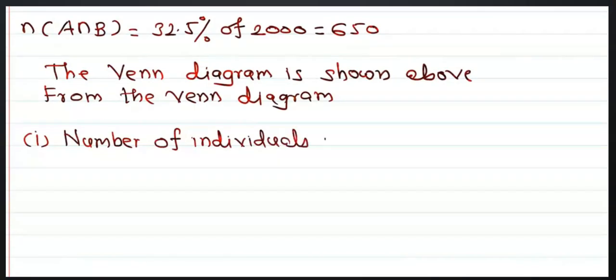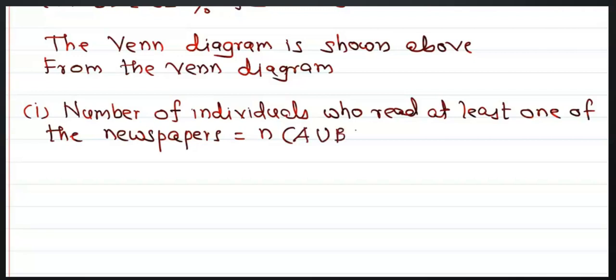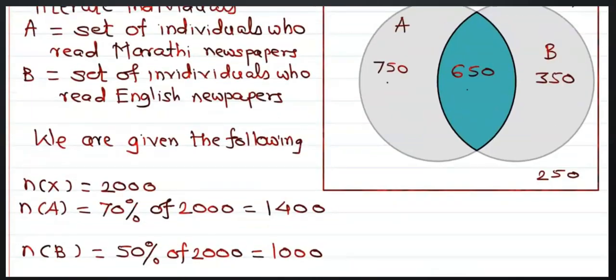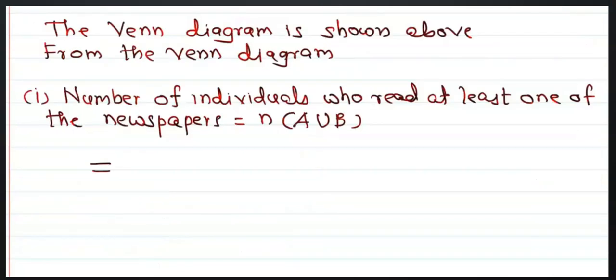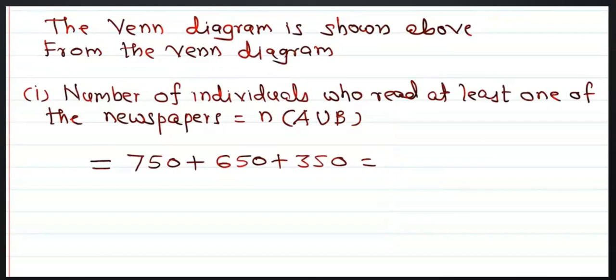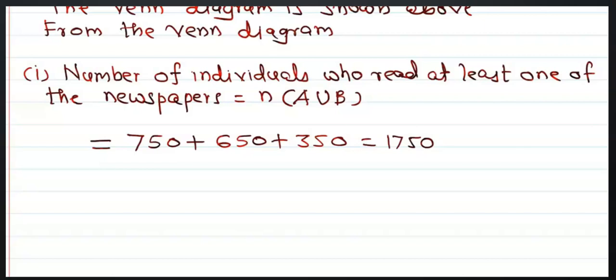The number of individuals who read at least one of the newspapers, that is n of (A union B), is equal to 750 plus 650 plus 350. Now see this answer, that is equal to 1750.